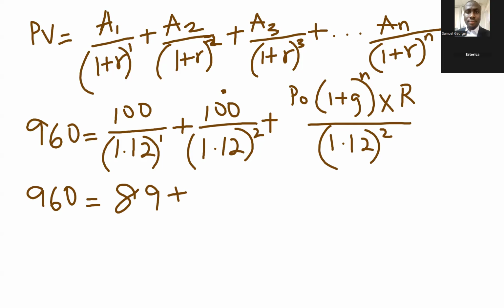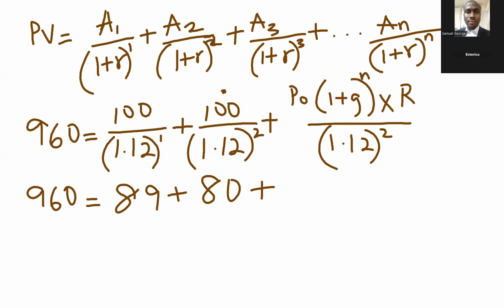I got 1.2544. Then I will say 100 divided by that answer. I got 79.7. Let's say approximately 80, plus, what is P0?